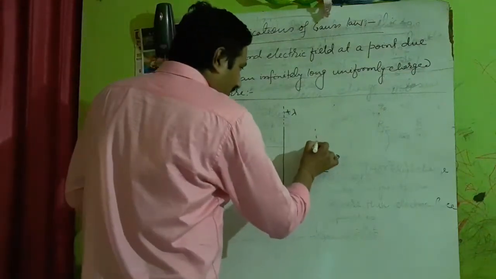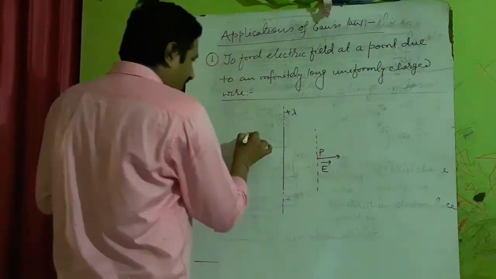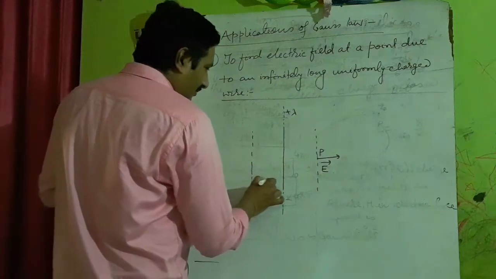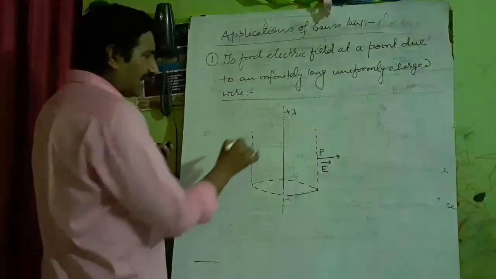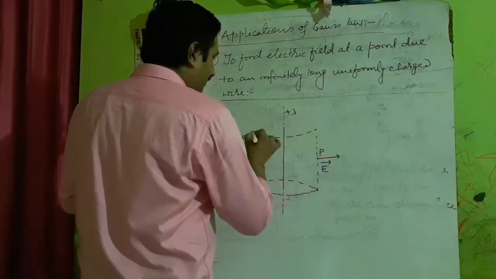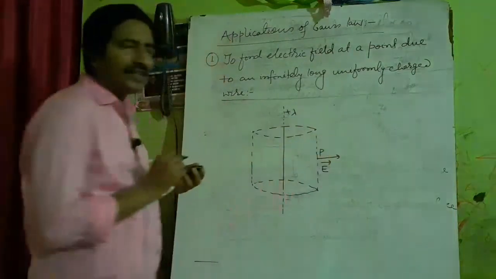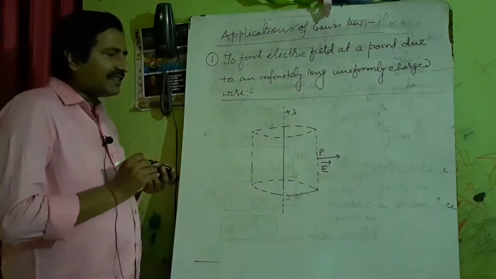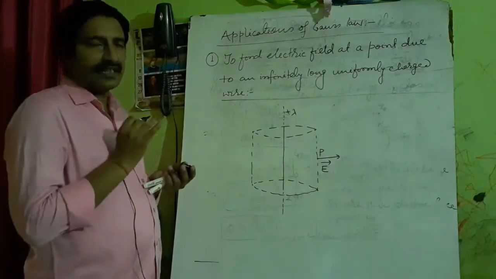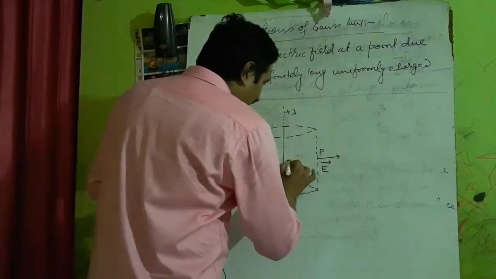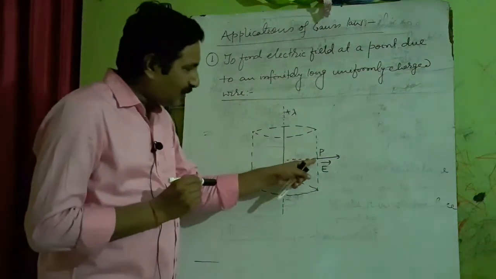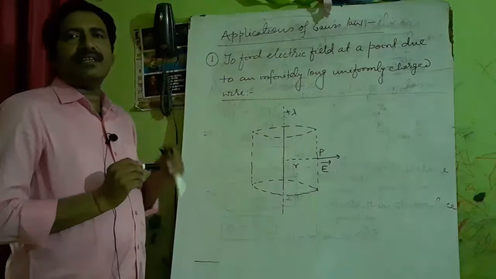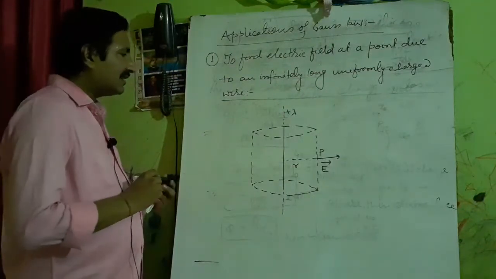Suppose this is the coaxial cylinder, meaning the axis of the cylinder is along the wire, and point P is on its curved surface. The radius of the cylinder is taken to be R, the distance of the point P from the given linear charge distribution.